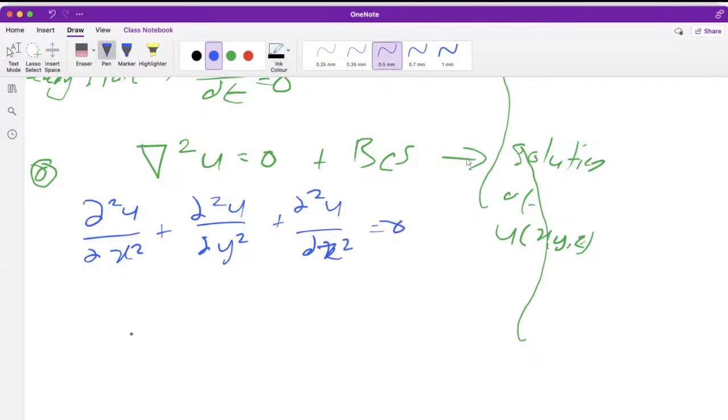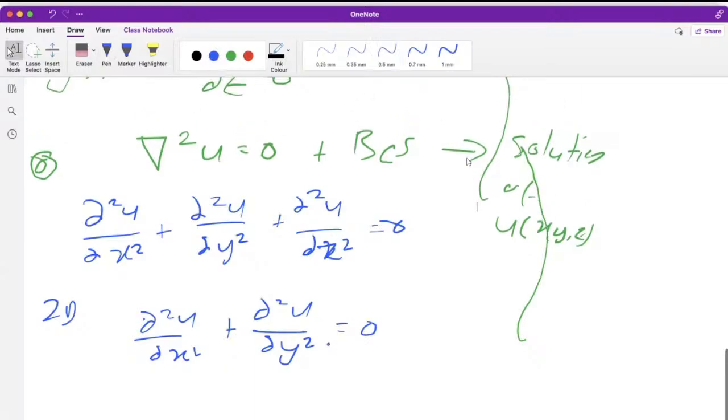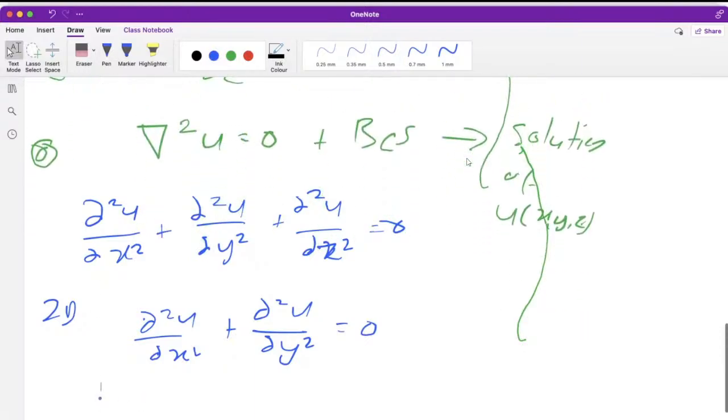If it's in 2D, you have simply partial squared u over partial x squared plus partial squared u over partial y squared equal to 0, right?